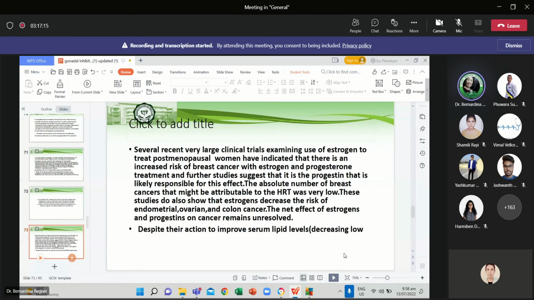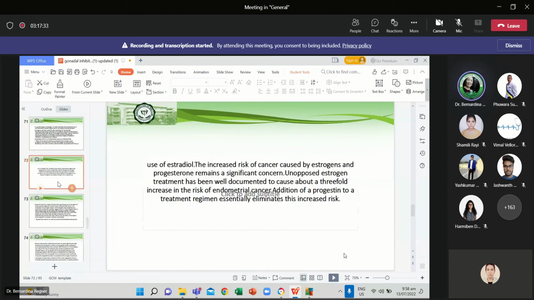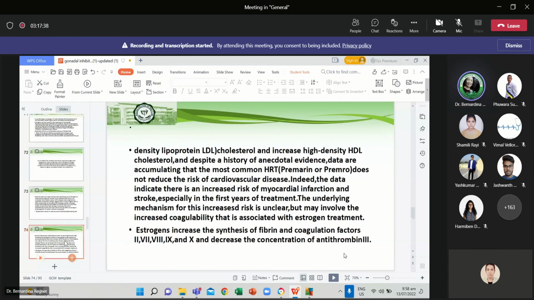Okay, so it has been said that estrogen can improve serum lipid levels by decreasing your low density lipoproteins, which are considered your bad cholesterol. It is said that estrogen can increase your high density lipoproteins and decrease your low density lipoproteins.